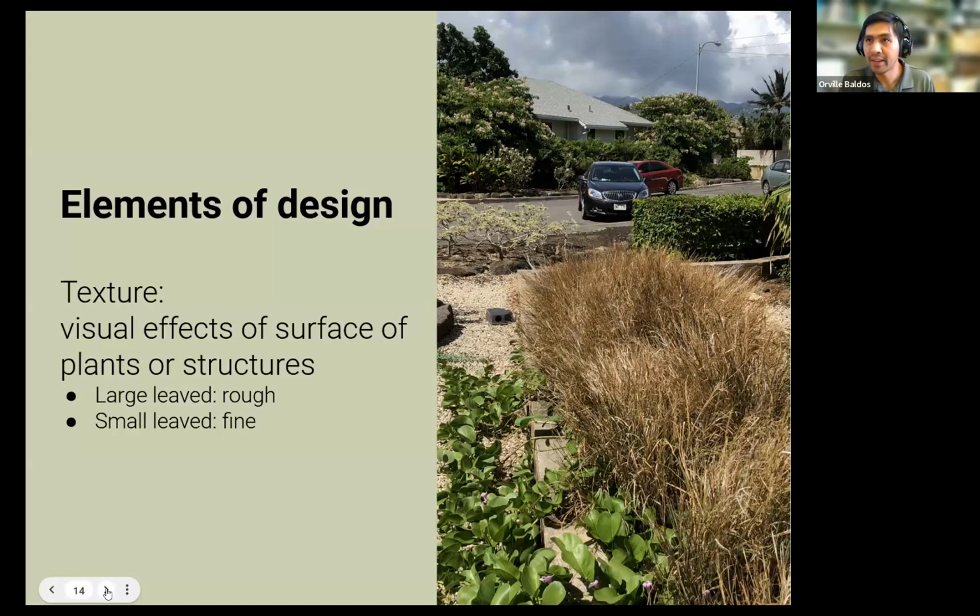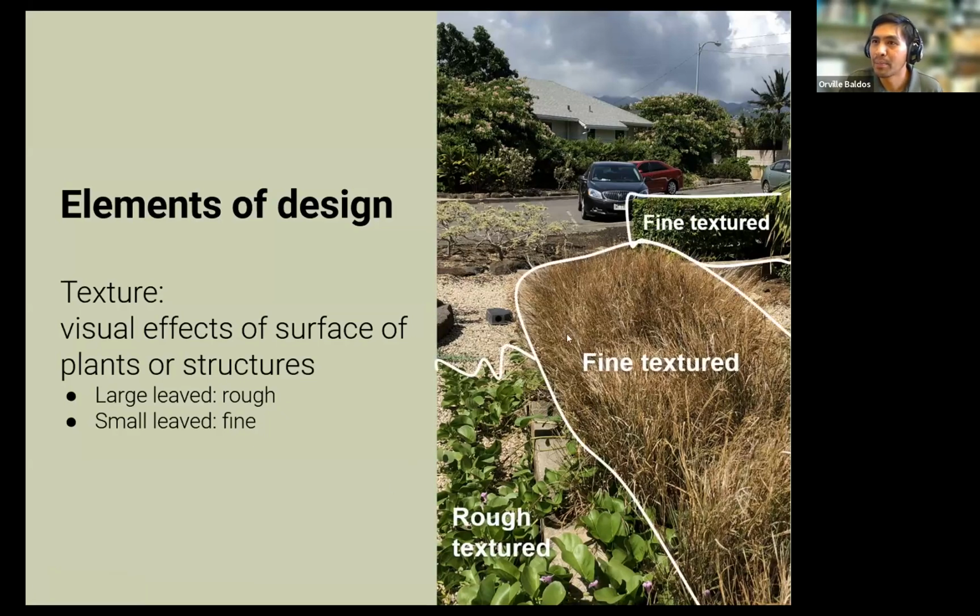So on this picture on the right, we have a rough textured ground cover that's planted beside a fine textured grass. That creates some contrast between the plantings. And you also have different textures in terms of the shrubs that we have here.